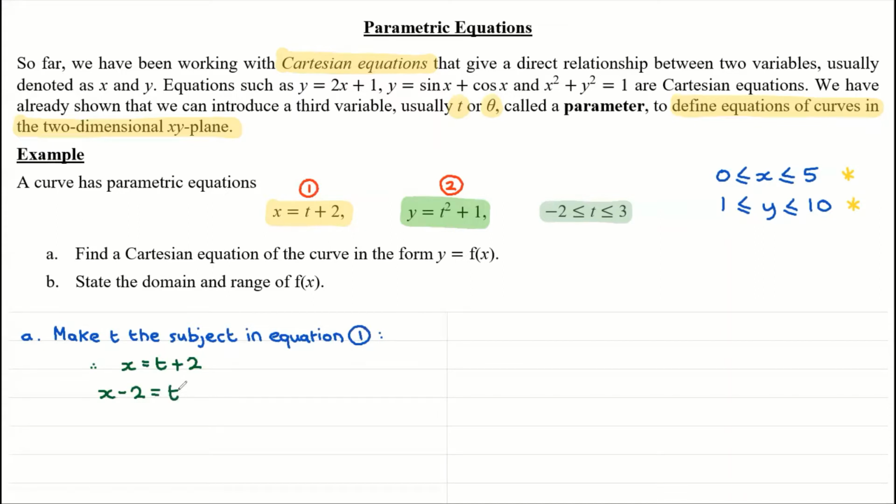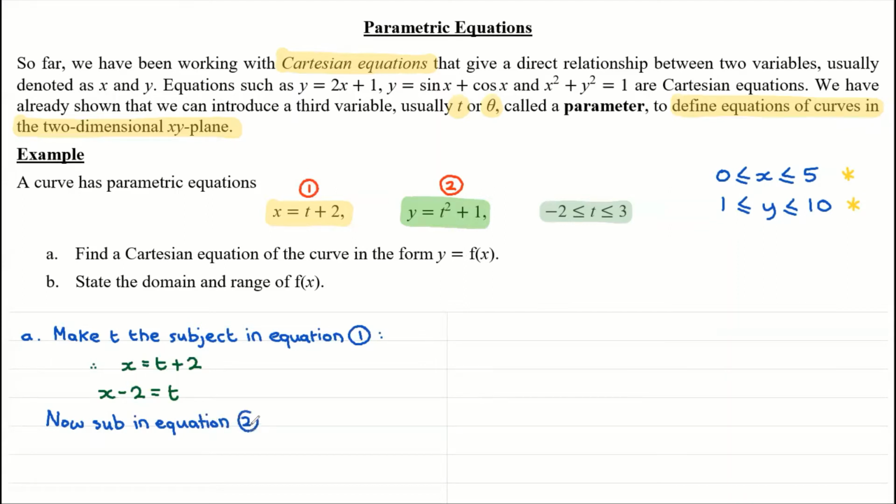Now we've got that, we can substitute this rearranged form where t is the subject into equation 2. So let's make a note of that. So now sub in equation 2.